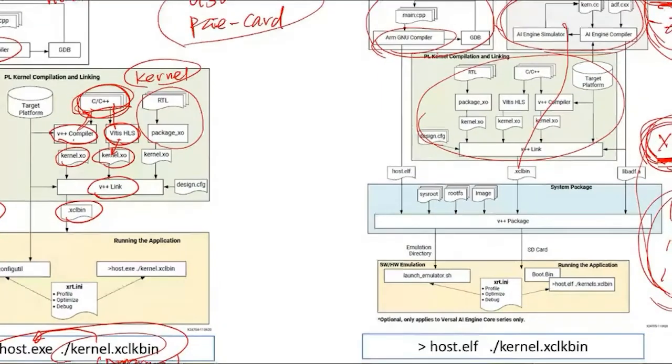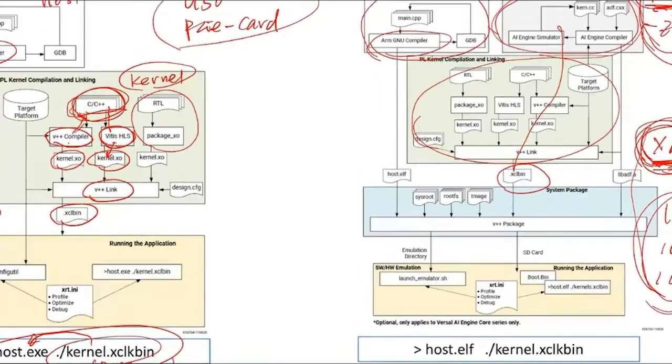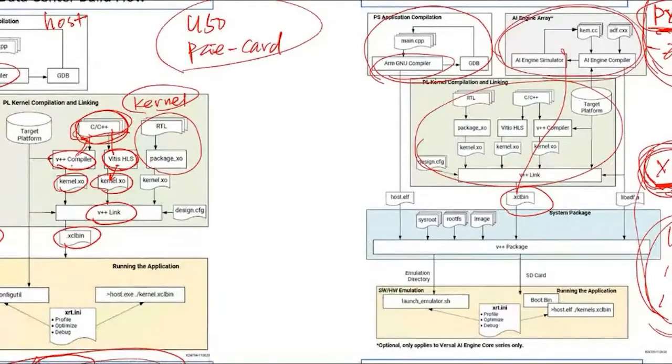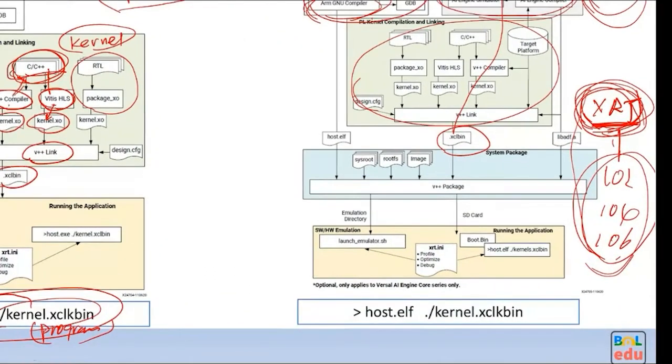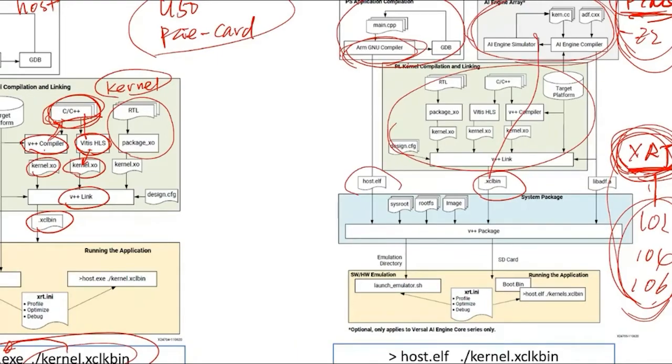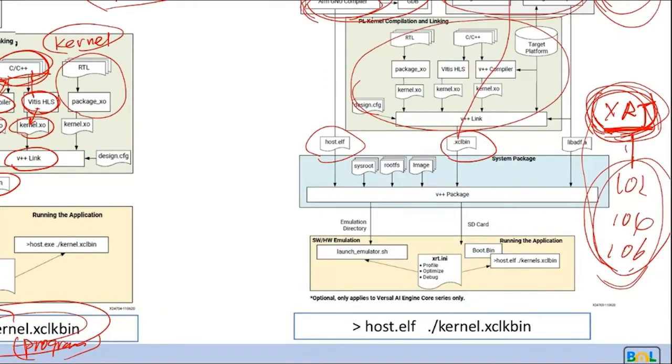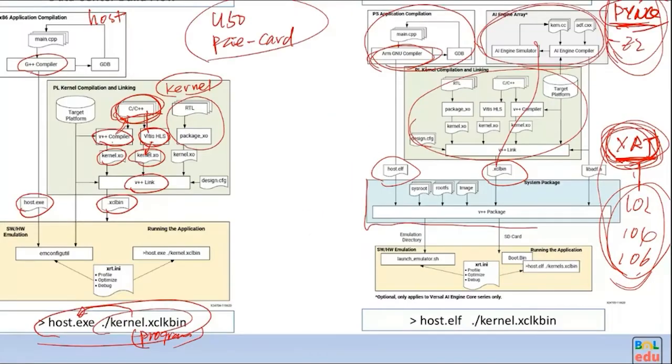So we generate the xclbin. And the host program is compiled with the ARM C++ compiler. It generates the host executable file, and there is one extra step here.